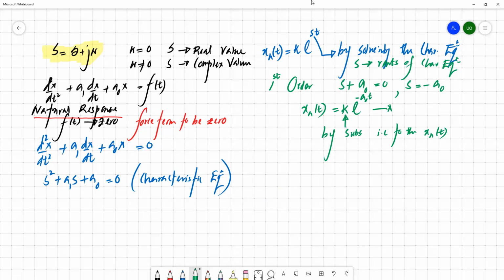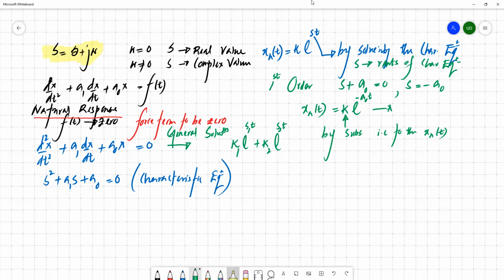Similarly, for this differential equation, the general solution would be k1 e to the power s1t plus k2 e to the power s2t.